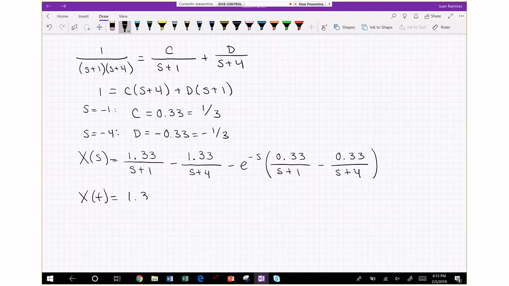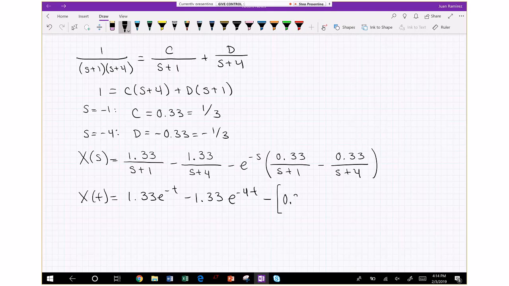So that'll be 1.33 e to the negative t, because the value of a in the 1 over s plus a form is 1, minus 1.33 e to the negative 4t, minus, and now that e to the negative s is just going to add a t minus 1, or a 1 value time shift.